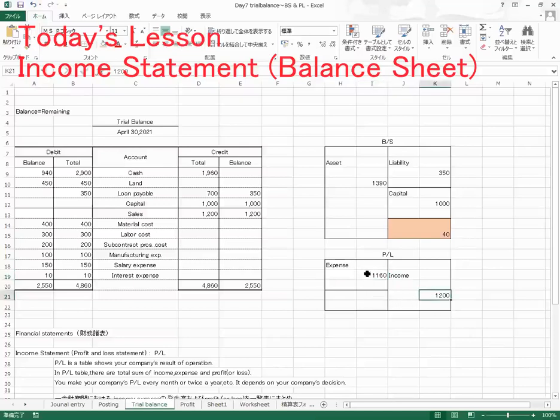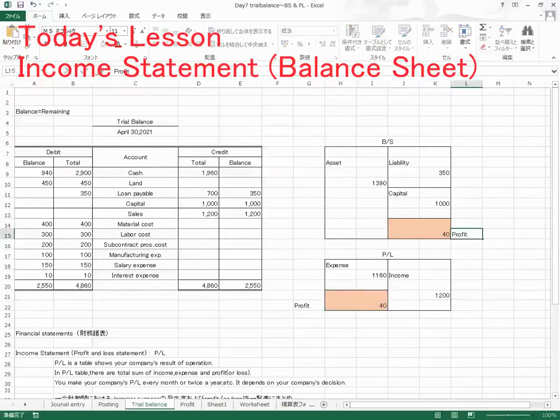What is the difference between income and expense? The balance is 40. So from income, subtract expense, and you get the profit. The difference between income and expense is profit. Are you okay? Do you understand?